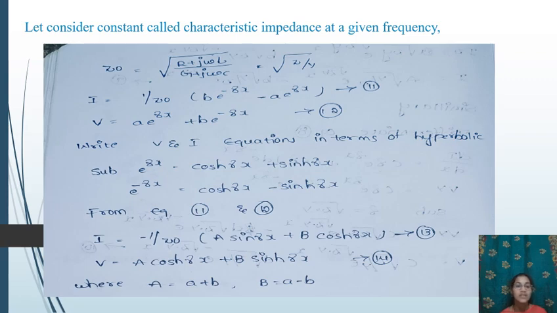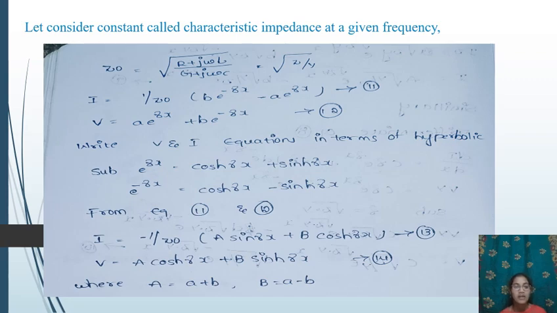Similarly, V equals A into e power gamma x plus B into e power minus gamma x. Consider this as equation 12. Write the voltage and current equations in terms of hyperbolic terms. Substitute e power gamma x equals cosh gamma x plus sinh gamma x, and e power minus gamma x equals cosh gamma x minus sinh gamma x.